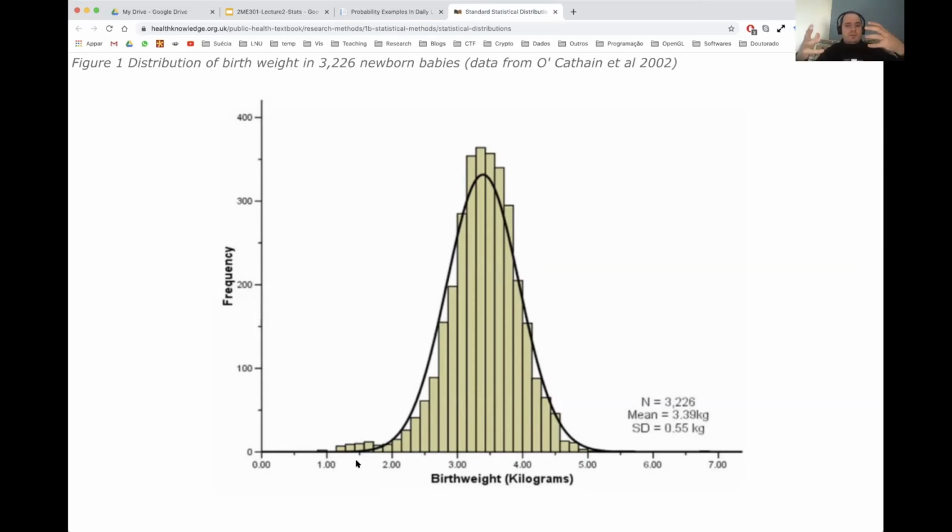But in general, you can expect babies to be between, let's say, 2 kilos 800 grams to 3 kilos 900 grams, or something like this, or 4 kilos. More or less, on average, because the standard deviation tells you that it varies a little bit, 500 less than the mean and 500 more than.